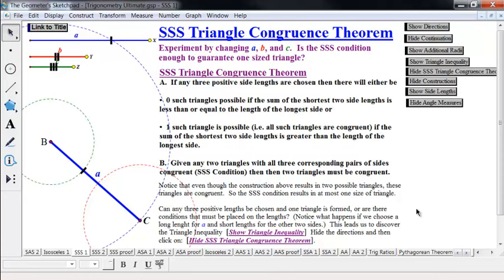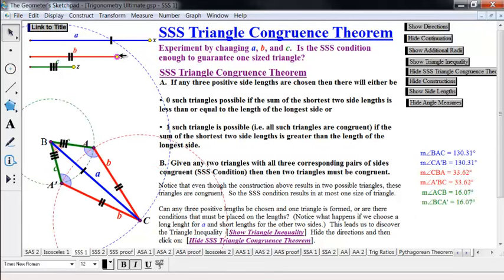Okay, so no triangles possible, or one such triangle possible. In other words, all such triangles are congruent, or there's one congruence class of triangles possible if the sum of the shortest two side lengths is greater than the length of the longest side. That's this condition, this shape here.